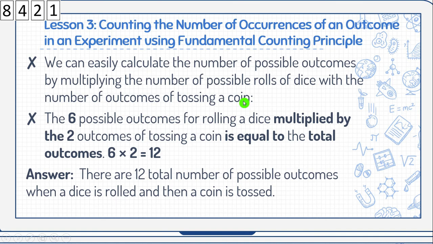The 6 possible outcomes for rolling a dice multiplied by 2 outcomes of tossing a coin is equal to the total outcomes of 6 times 2 is equal to 12. So therefore, there are 12 total possible outcomes when a dice is rolled and then a coin is tossed. Ito po yung sa ating example number 1.